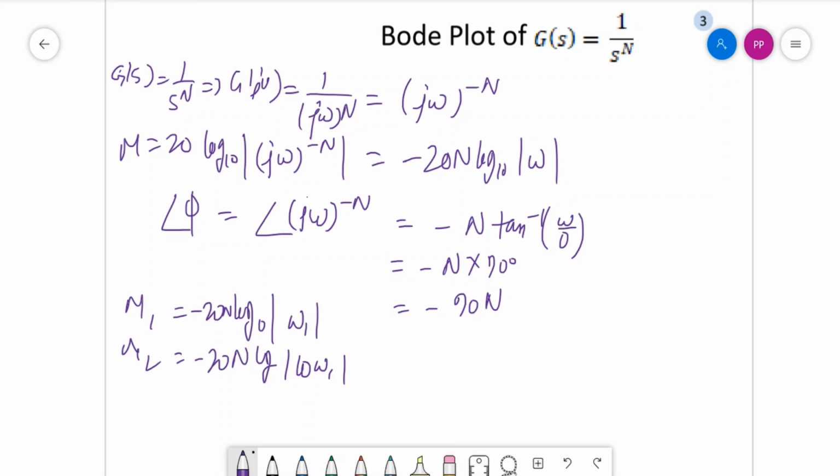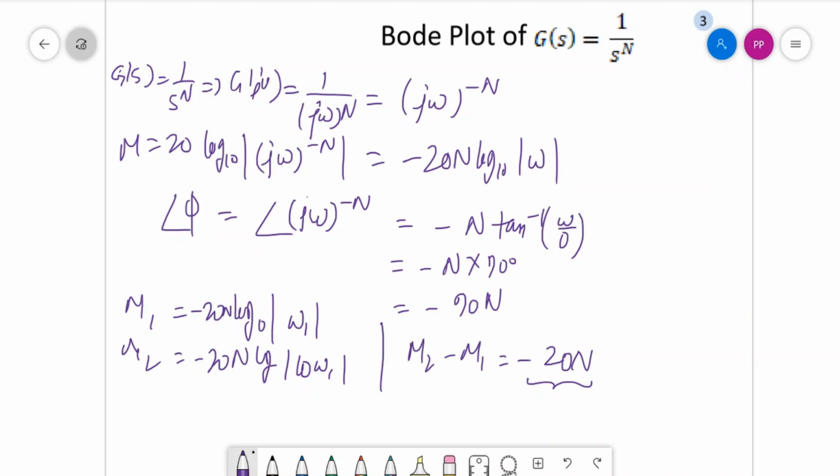If you take the subtraction M2 minus M1, this will give you minus 20n. So it means for every decade of frequency change, there will be a change in magnitude by minus 20n decibels.